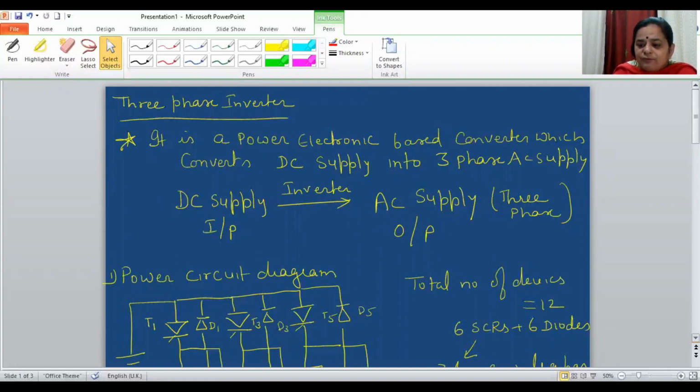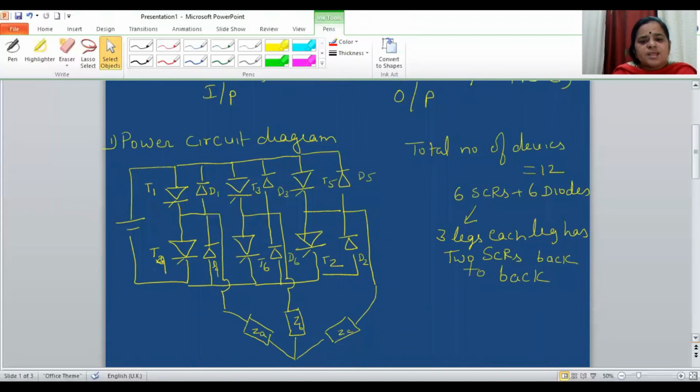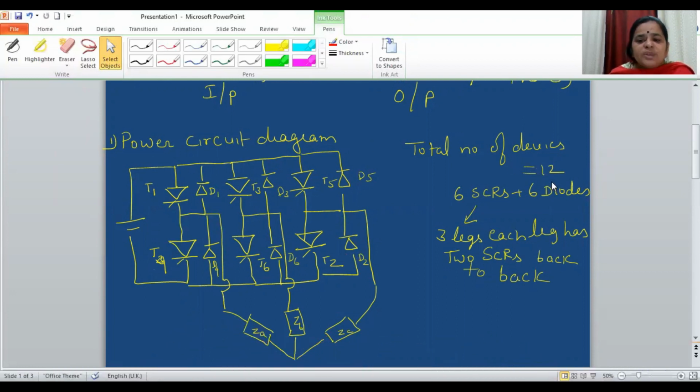My dear friends, if you see its power circuit diagram, it will be like this. It has 6 SCRs: T1, T3, T5, T4, T6, T2. So the total number of devices used in the power circuit diagram is 12.